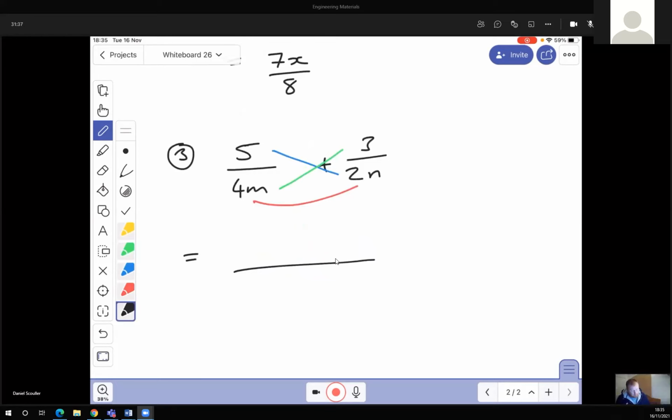The bottom line is going to give us 8mn. Green term is going to be 12m. And the blue term is going to be 10n.